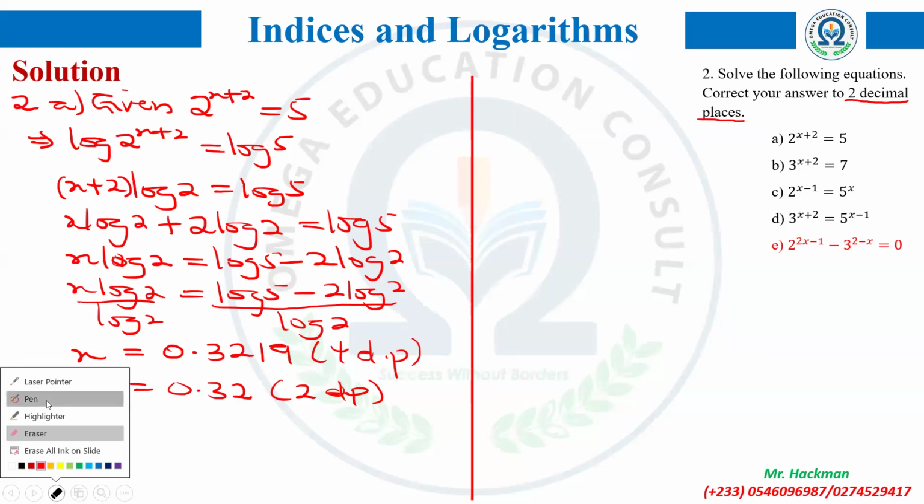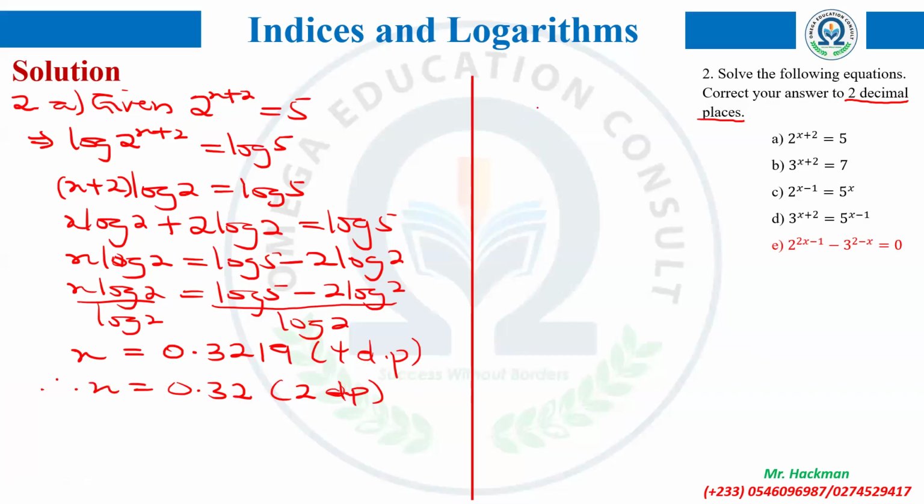So we are going to continue from here. We've done everything up to this stage: x plus 2, in brackets, then log 2 is equal to log 5. Is my point well made?